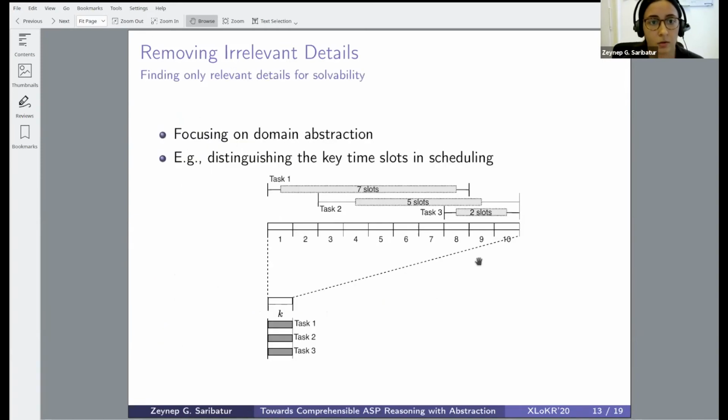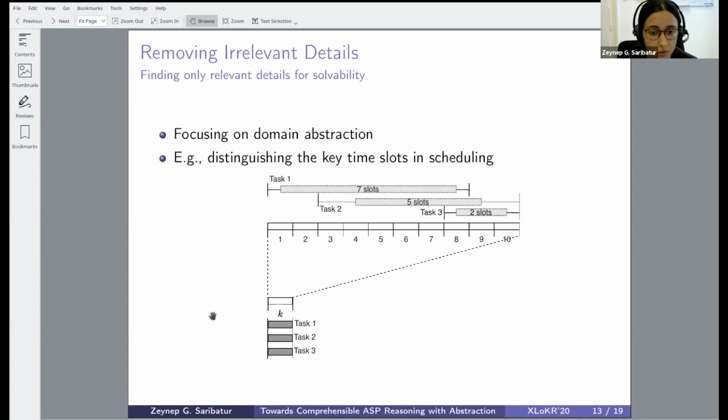Relevancy can also be found for solvable problems, not just unsolvable problems. For that, we made use of domain abstraction where we clustered elements, and we applied it to some scheduling problems. The idea is you have certain tasks and they have certain slots, and they need to be arranged within certain time points.